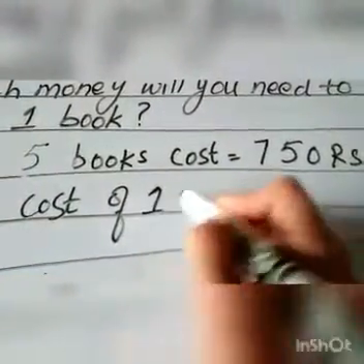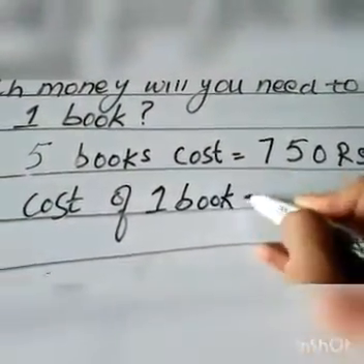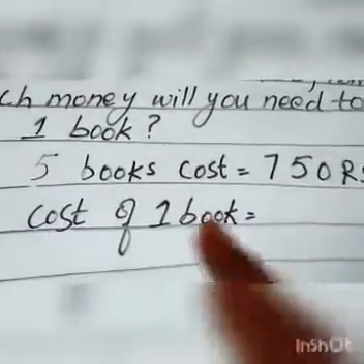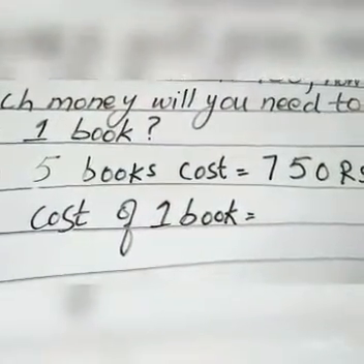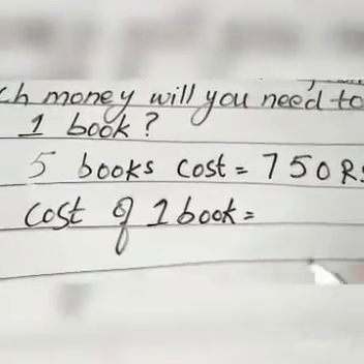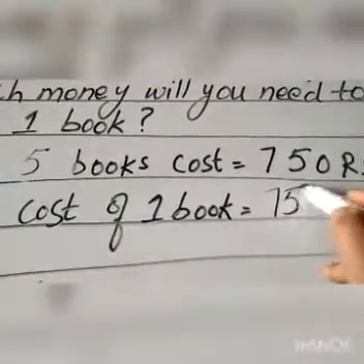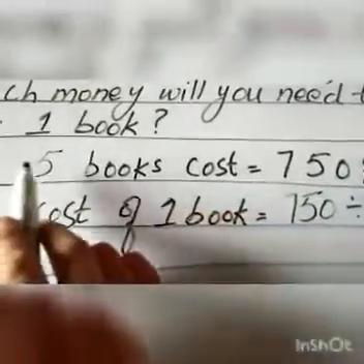Cost of one book. Now we have to find out the cost of one book. Class, what would we do? We have to divide. Okay, 750 divided by 5.